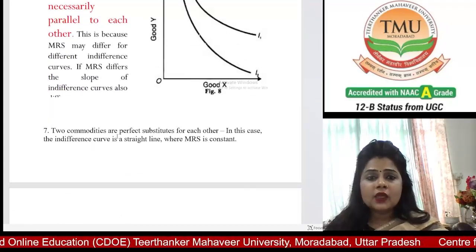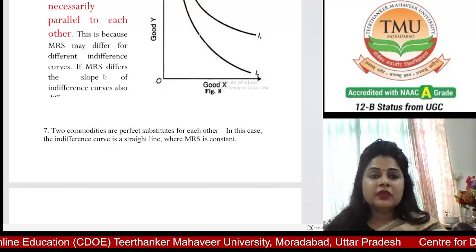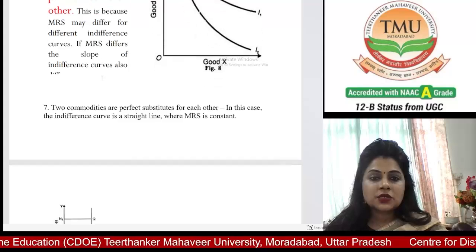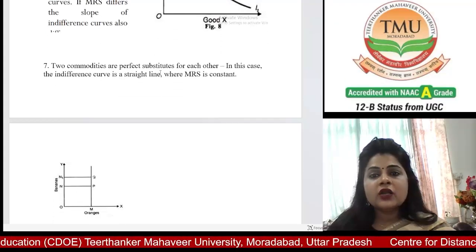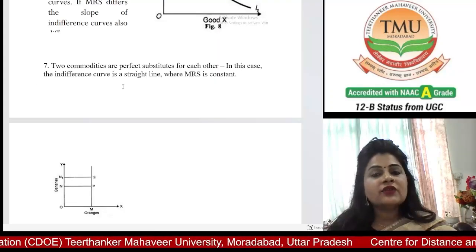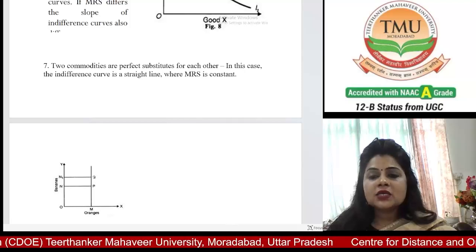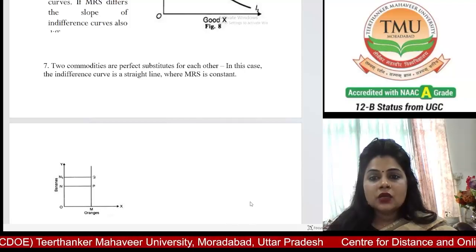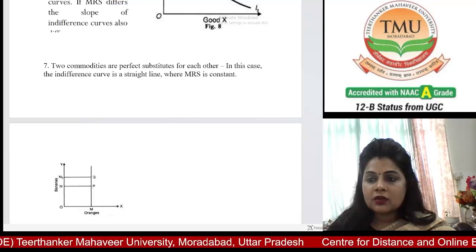Now, I have also explained about the margin. MRS means marginal rate of substitution. Next, two commodities that are perfect substitutes for each other. In this case, the indifference curve is a straight line where MRS is constant, which is seen in this figure.